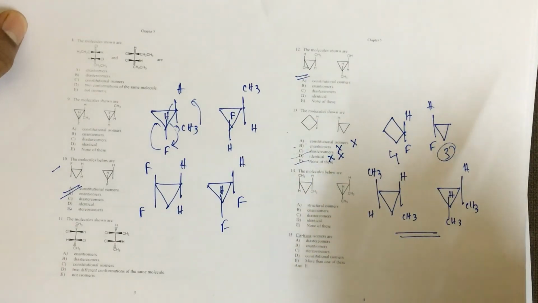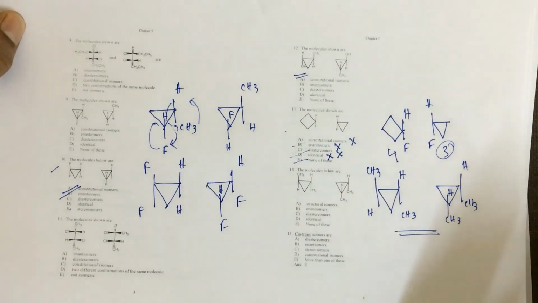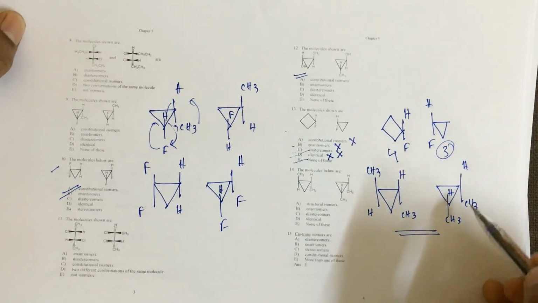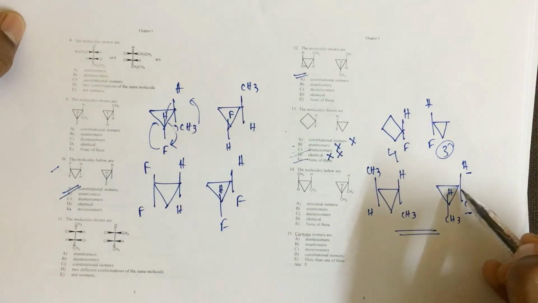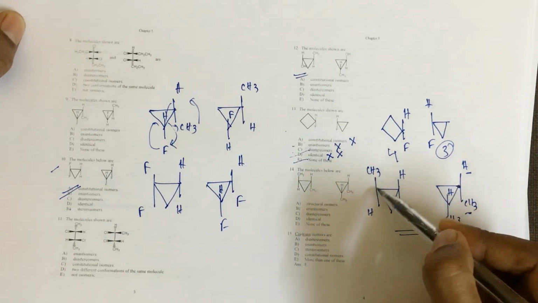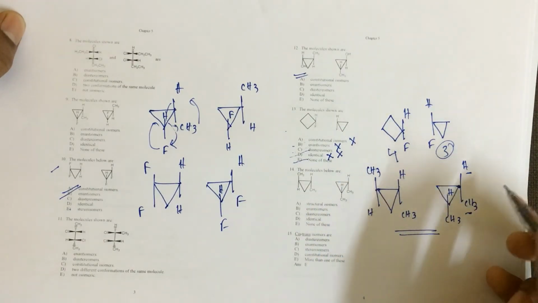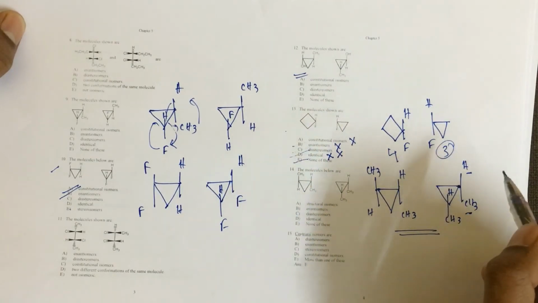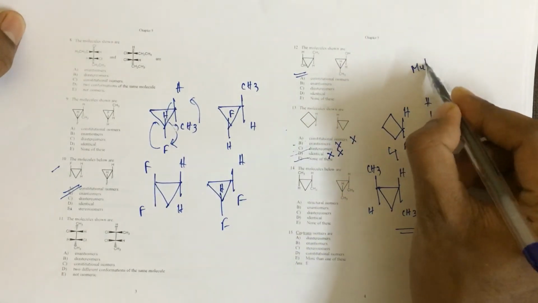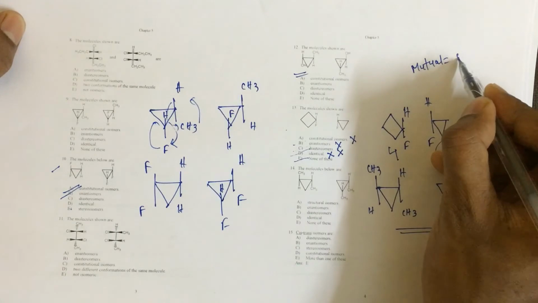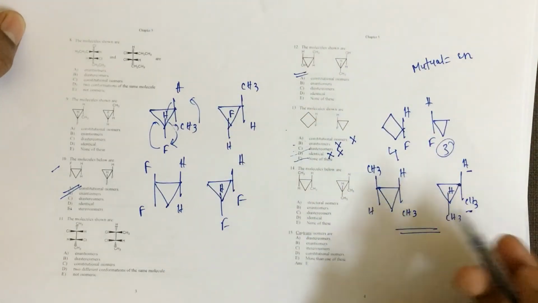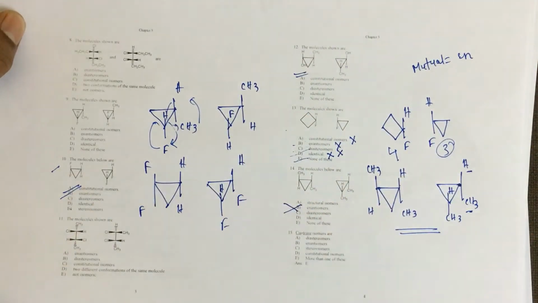See, if you don't know anything also, you can easily solve this question, because if you see this hydrogen and methyl, this carbon is fixed, only this carbon is shifted. I said that there should be a mutual exchange. If mutual exchange is there, then that is enantiomers. Since there's no mutual exchange, we can remove the enantiomers.